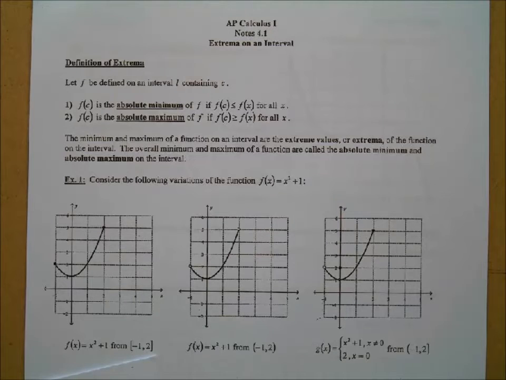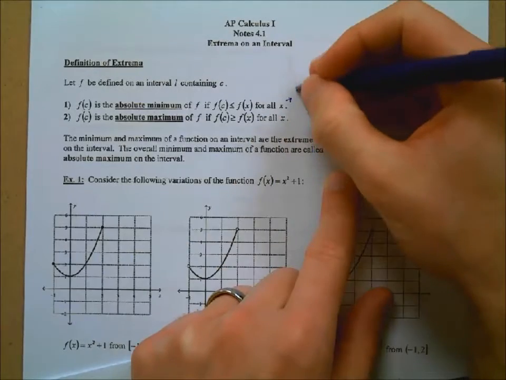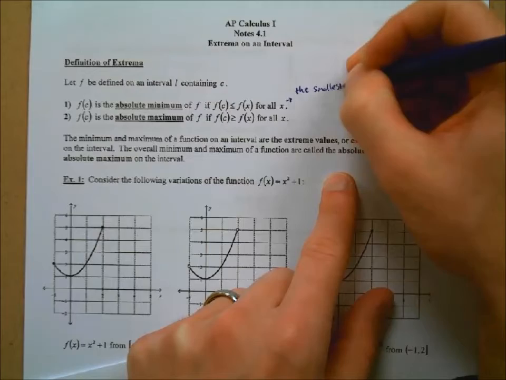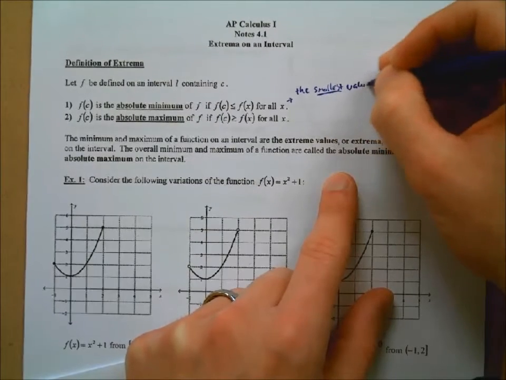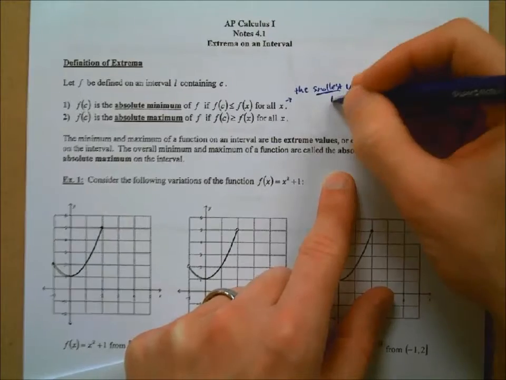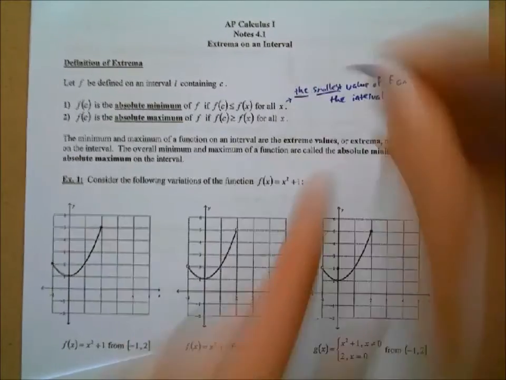So in other words, another way to think about this is the smallest value of f on the interval. That's what the absolute minimum is.